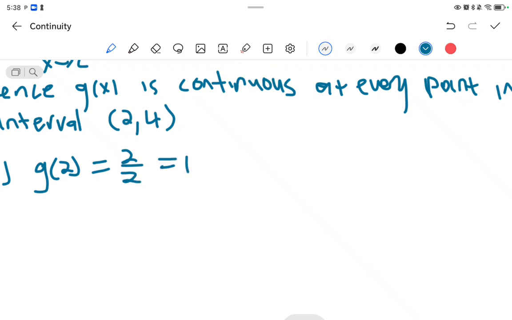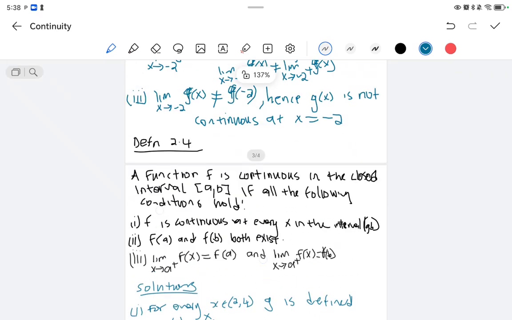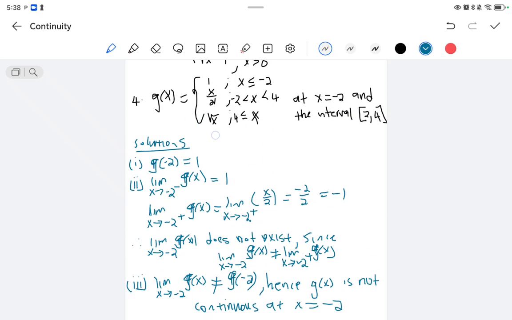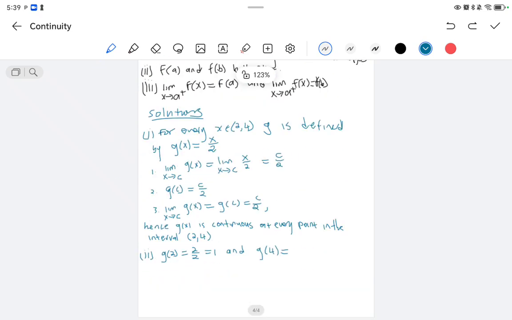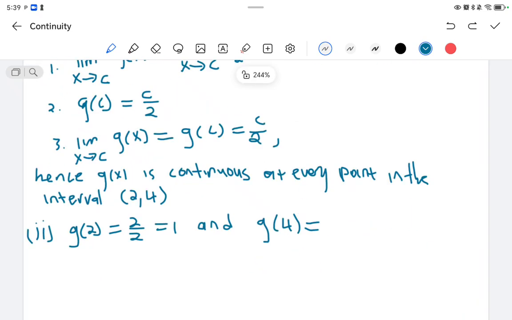And then we check g of 4. We check where x is equal to 4, where we have root of x. So this will be root of 4, which is equal to 2. We agree, right?